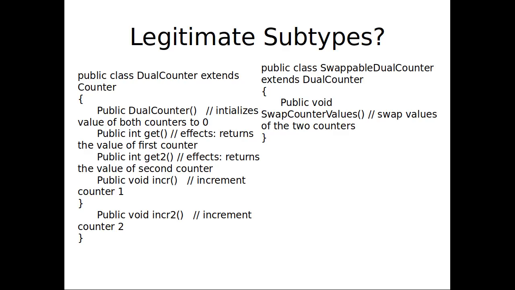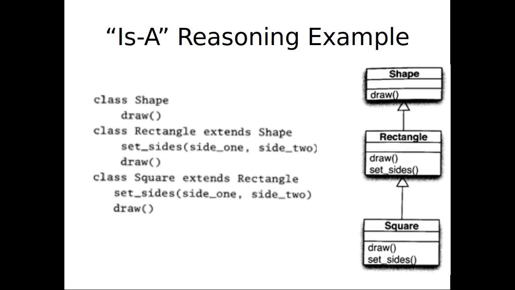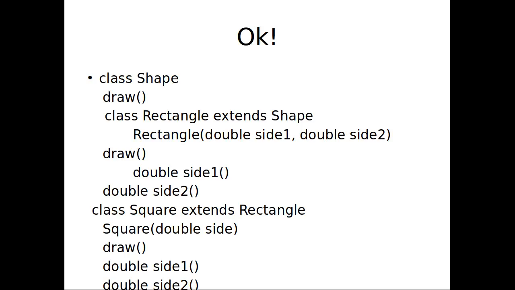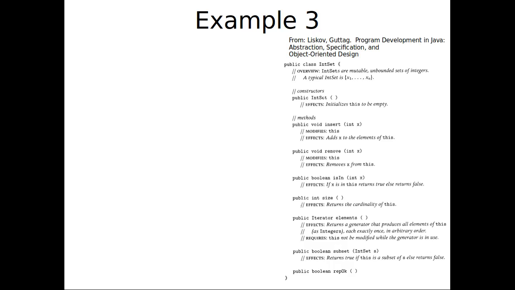And suddenly the value of your counter is dropped precipitously. That would be adverse. Would it violate the history property? Yeah, the history property. A dual counter and a swappable dual counter can't go less than or equal to 0, so it wouldn't be violating an invariant.